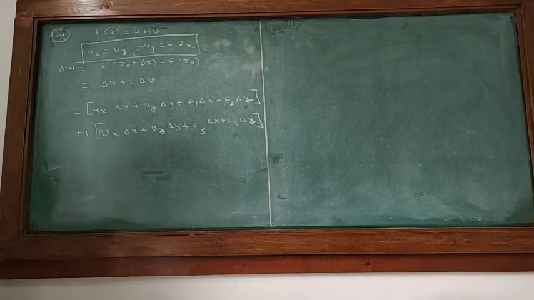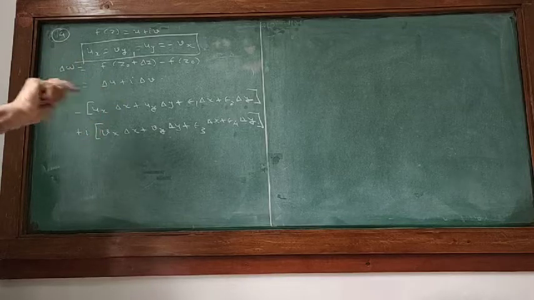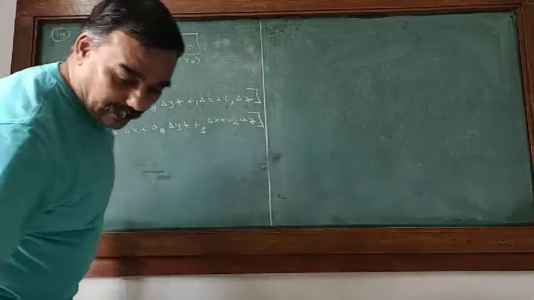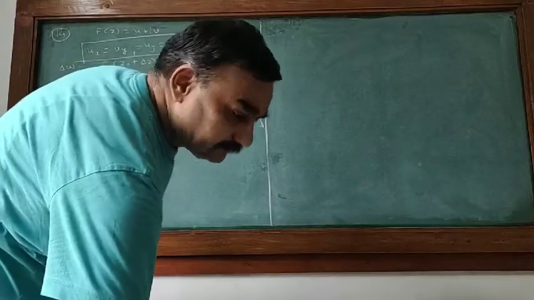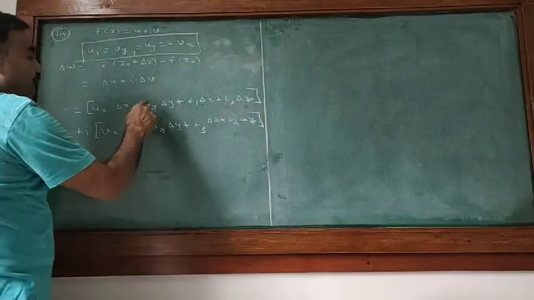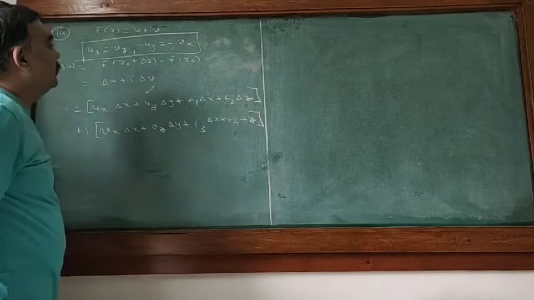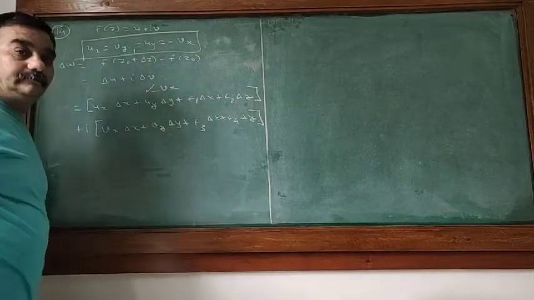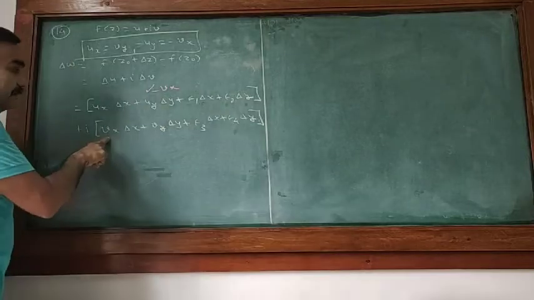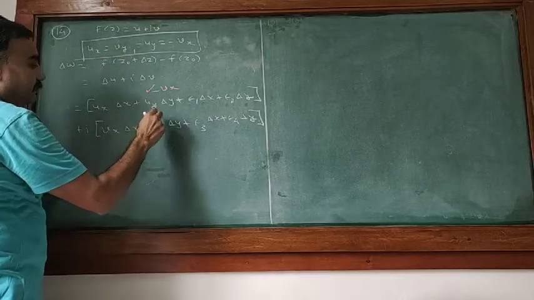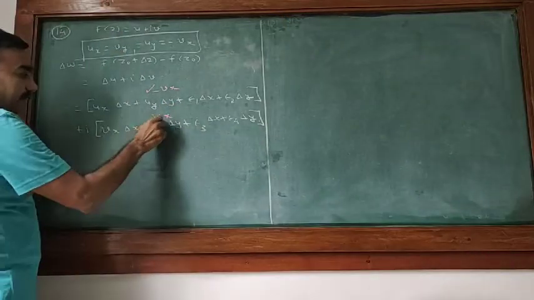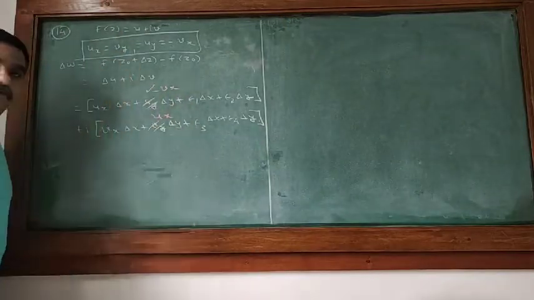So find the values of uy there. What is uy? That is minus vx. vx is okay. What is vy? That is ux. So now we replace this value by this value.